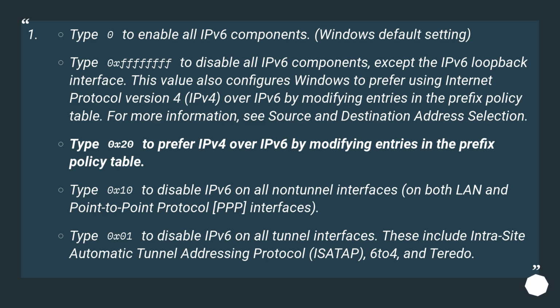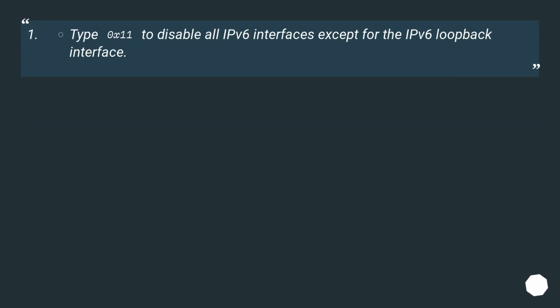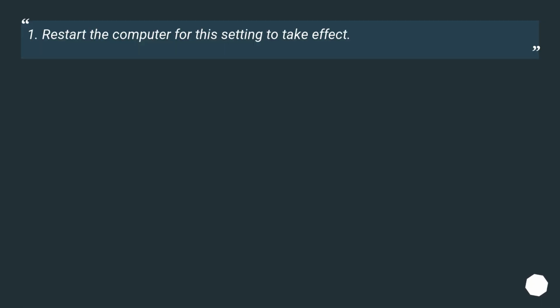These include Intra-Site Automatic Tunnel Addressing Protocol, ISATAP, 6to4, and Teredo. Type 0x11 to disable all IPv6 interfaces except for the IPv6 loopback interface. Restart the computer for the setting to take effect.